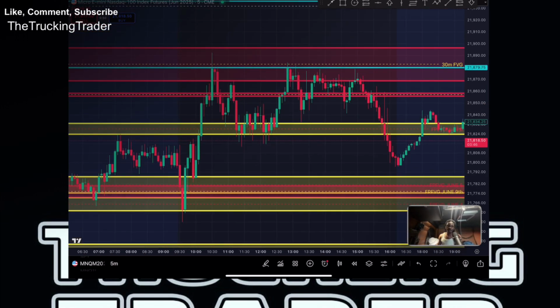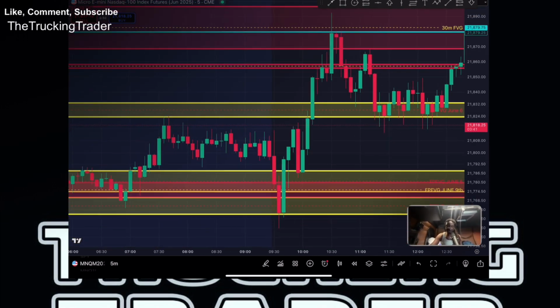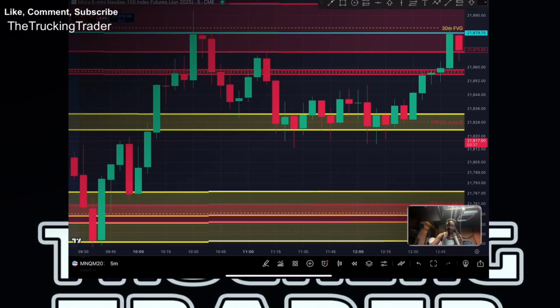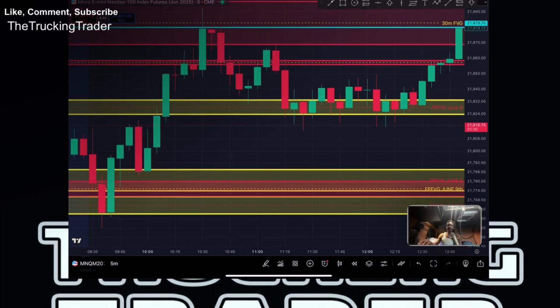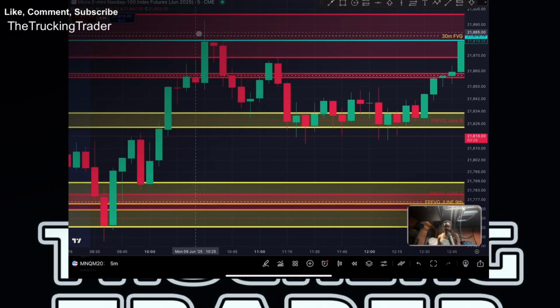So right here, this is the 5 minute chart, right? I was taking the sell from this 30-minute fair value gap. As you guys can see right here, I was taking the sell right here, and I was looking to first target this 5 minute fair value gap right here.